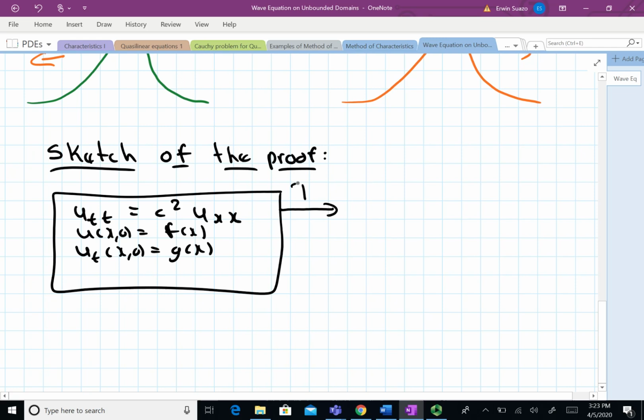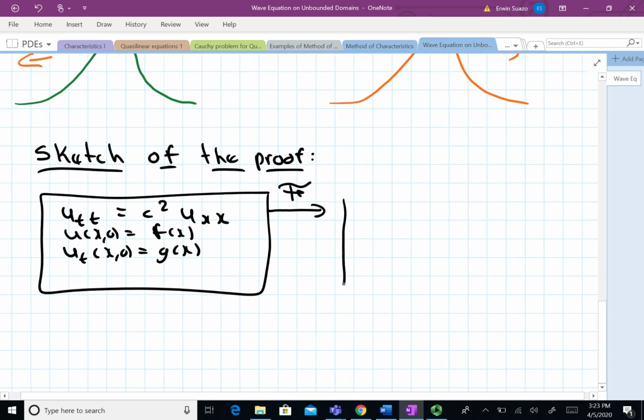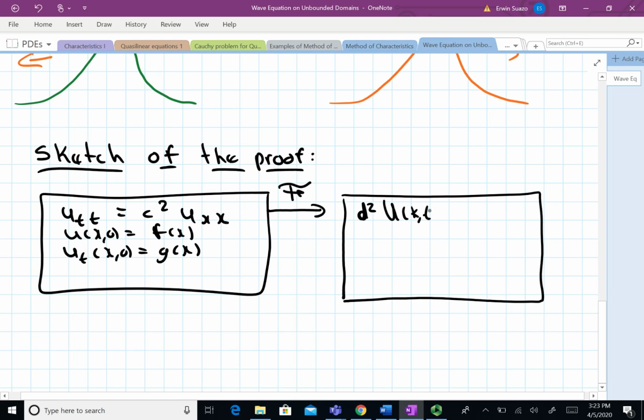So we're going to take the Fourier transform, and then we transform this partial differential equation into an ordinary differential equation: the second derivative of U(k,t) with respect to time equals minus c squared k squared U(k,t), with U(k,0) equals F of k, and the time derivative of U(k,0) equals G of k.